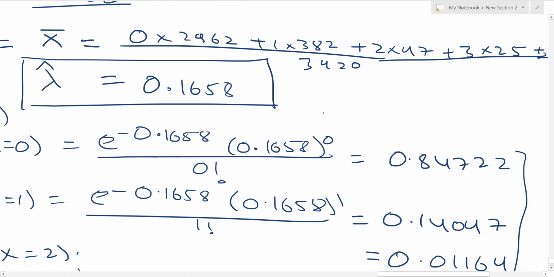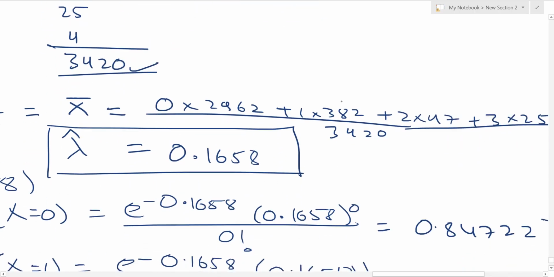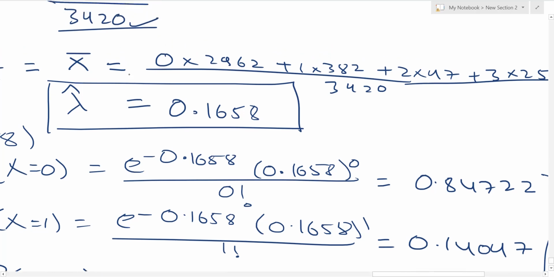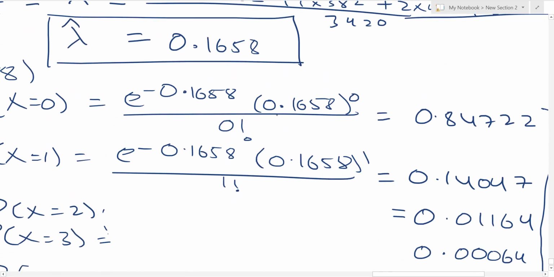3420 into 0.84722 is 2897.49. Second one, 0.14047, gives 480.41. Fine, two are done.